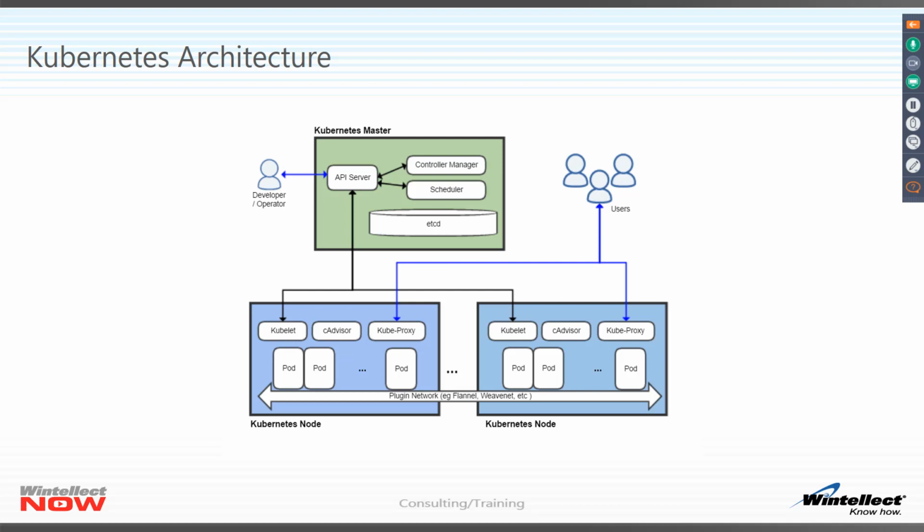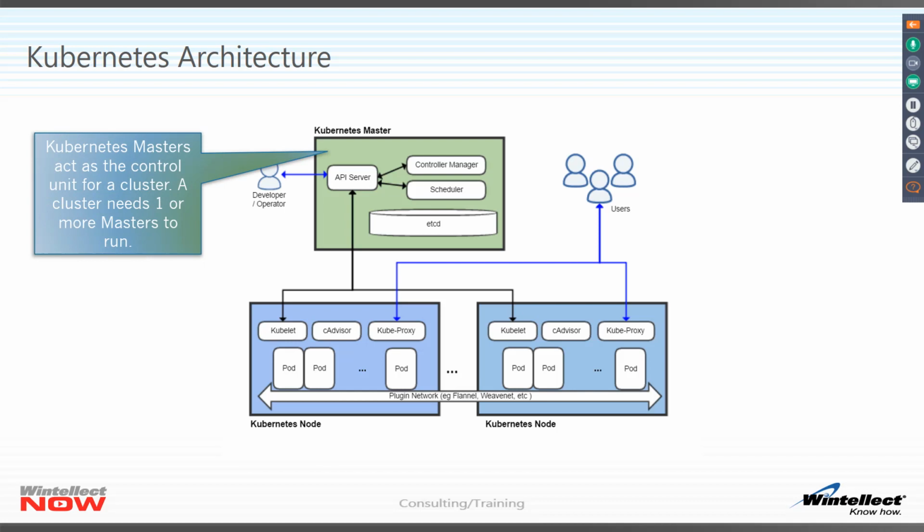And at its core, Kubernetes provides all of the necessary orchestration to create a cluster right out of the box. It's not hard to do, but it's not a trivial task either to create a cluster. Now, the masters act as a control unit for it. A cluster needs 1 or more masters to run, as I said. Recommended that you at least have 3 for redundancy.